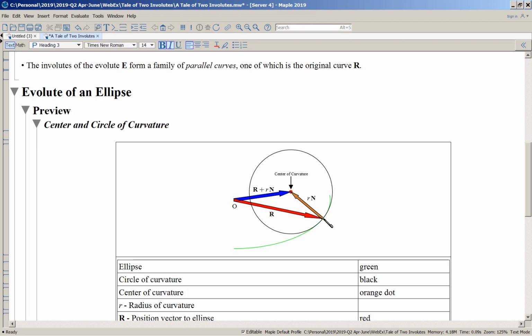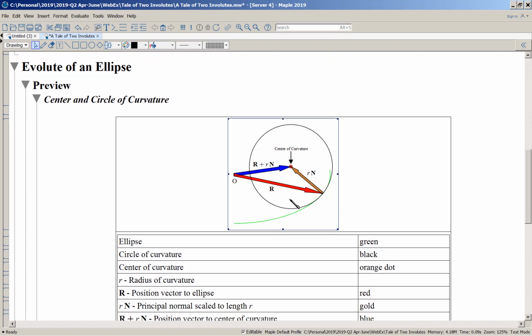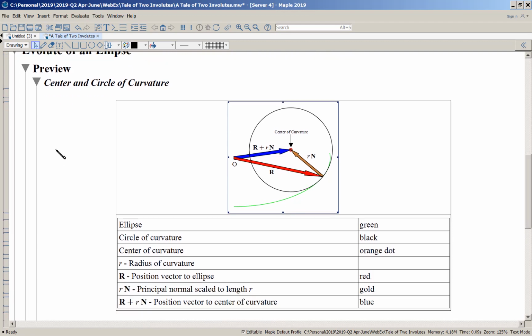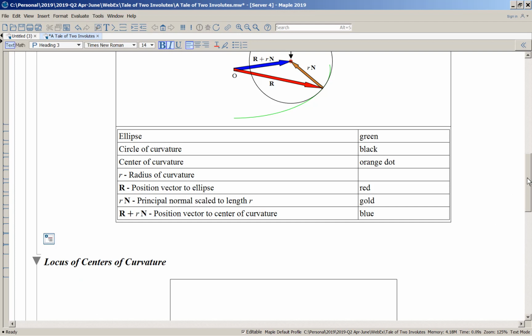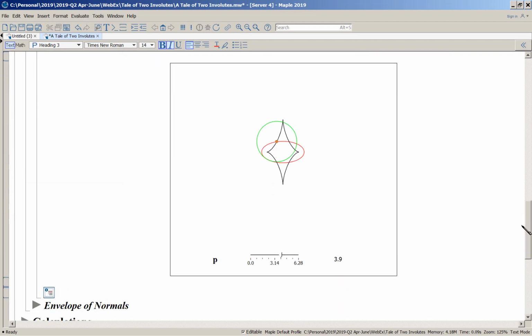As the point of contact moves, the center of curvature will move and it will trace out a locus. That locus is the evolute. The locus of the centers of curvature. Let's look at that. In red, you see an ellipse.